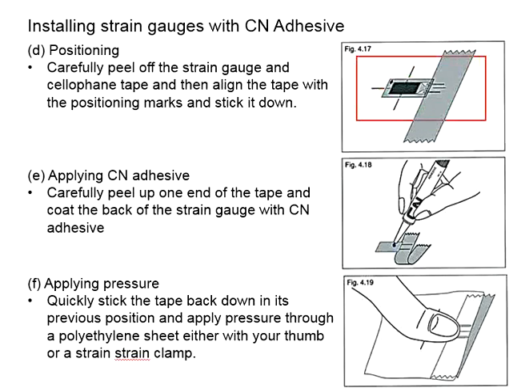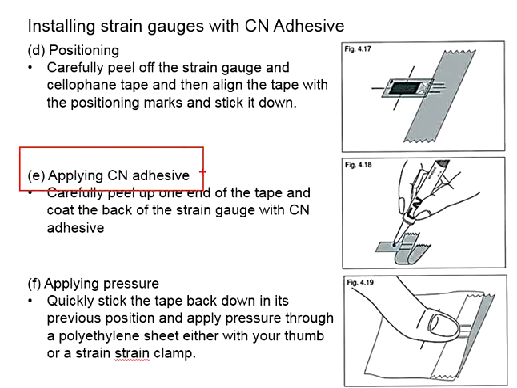Once you have everything in place, now you can apply the CN adhesive. What you can do now is carefully peel up one end of the cellophane tape and then put a drop of CN adhesive at the back of the strain gauge and then put it back in the right position.